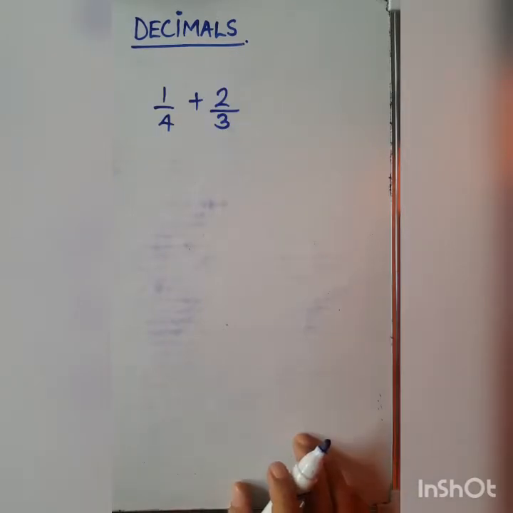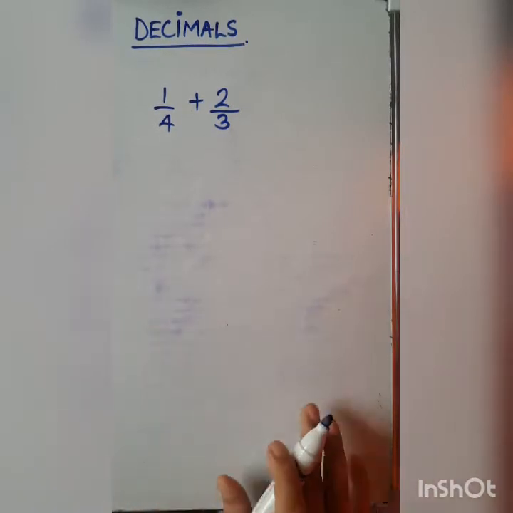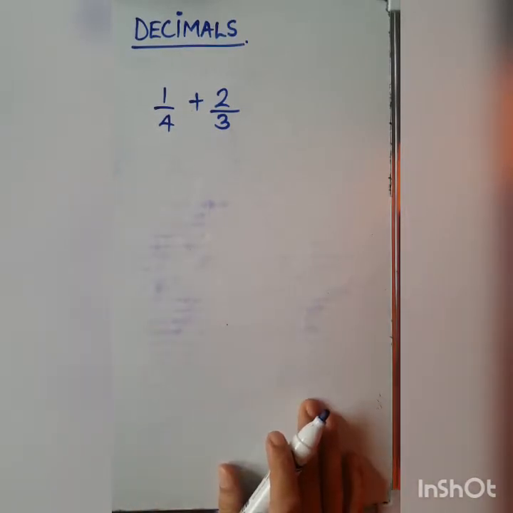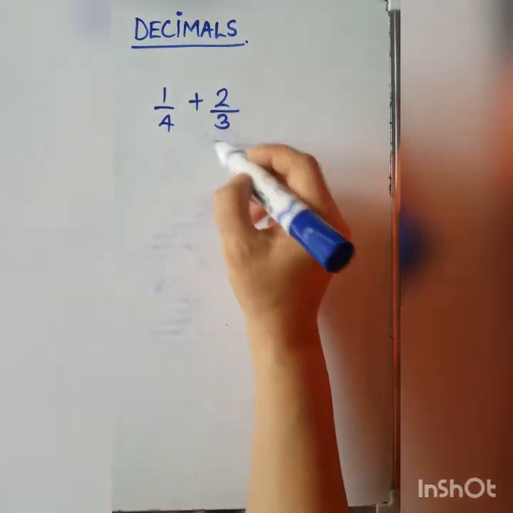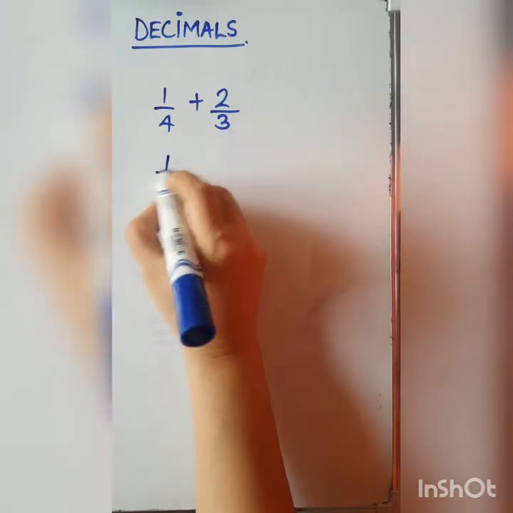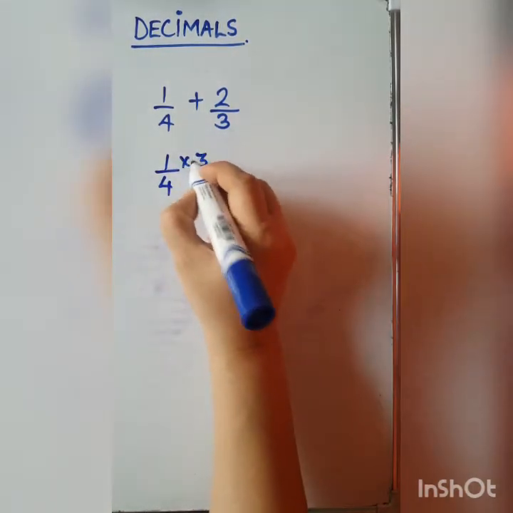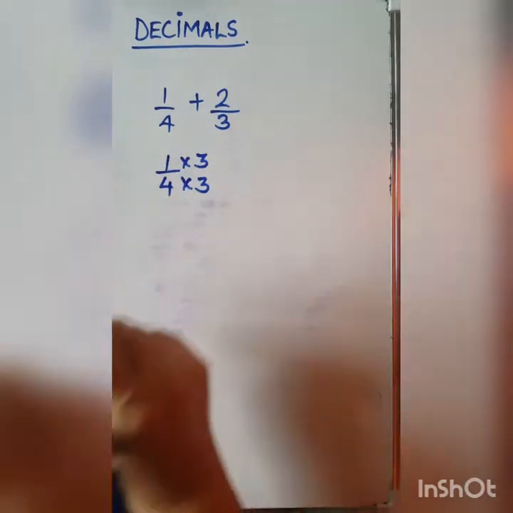Now suppose I ask you to add 1 by 4 and 2 by 3. Now we know that addition or subtraction of like fractions is easy, but for unlike fractions we have to change them into like fractions first. That means I will change 1 by 4 into like fraction by multiplying 3 by the numerator and the denominator.